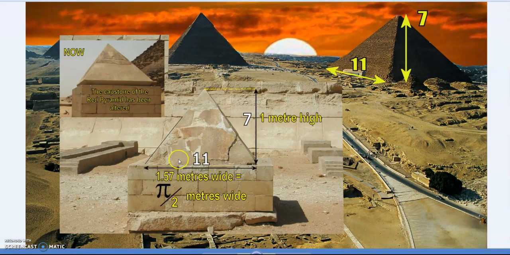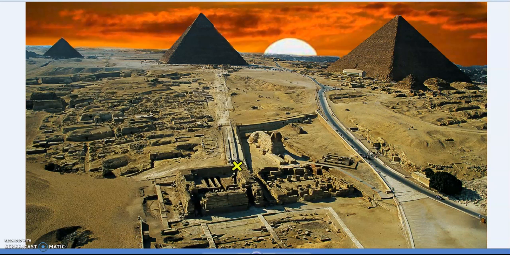1 meter high, 11 wide by 7 high proportions, or 3 Egyptian royal cubits wide at the base, pi over 2 meters. Just like the Meidum pyramid, the Great Pyramid has this 11 wide, 7 high proportion. Ideally speaking, there are small deviations in there, and they contain very, very important information.